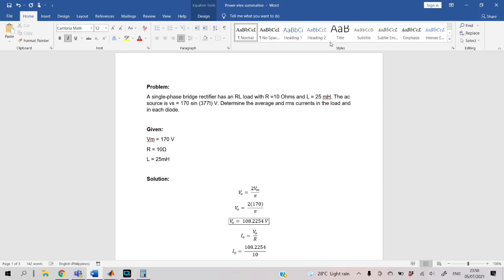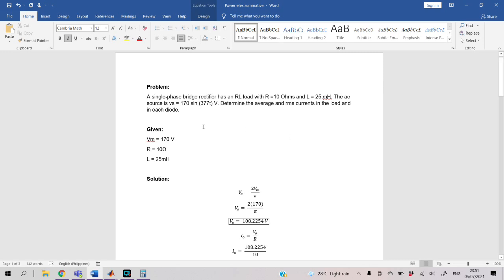We are going to solve a particular problem using mathematical computations and a simulation. For this problem, a single-phase bridge rectifier has an RL load with resistance R equal to 10 ohms and an inductance equal to 25 millihenries.